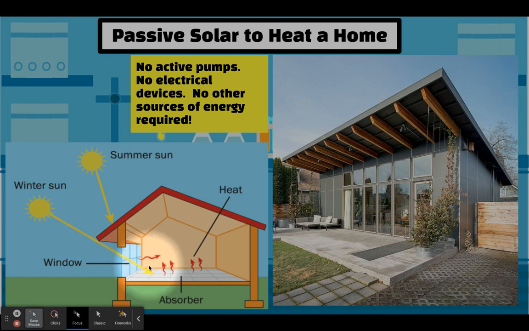They would use certain kinds of materials and design a structure that allows the most heat in and allows sunlight to be absorbed and heat up that structure in the winter, but also to block out the sun in the summer so that the structure doesn't get as hot.